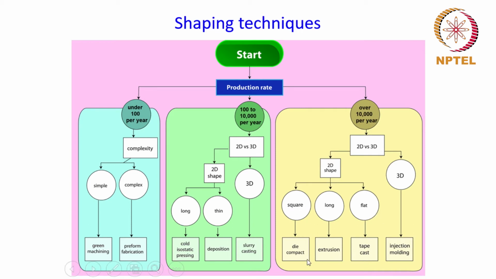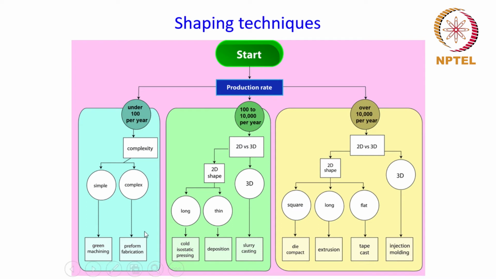For the square shape, a die compaction process can be chosen. For long products, extrusion is the process to be used. And if it is a flat product, then tape casting has to be used. And for 3D shapes in this category, injection molding is the process which needs to be used.